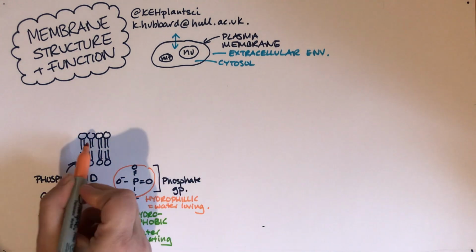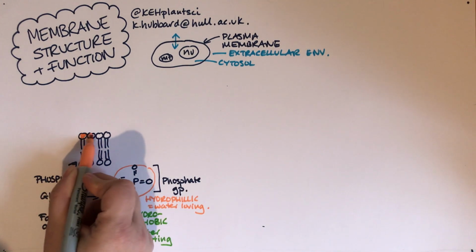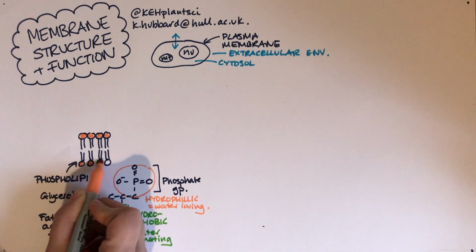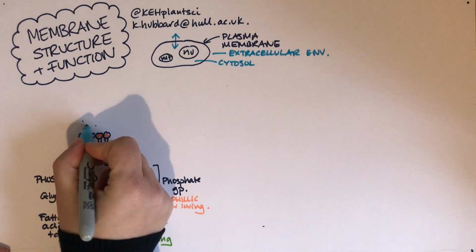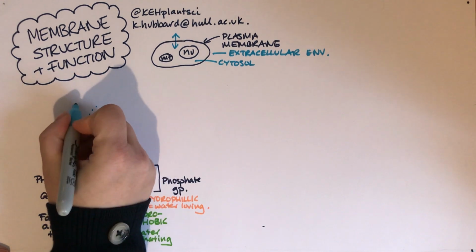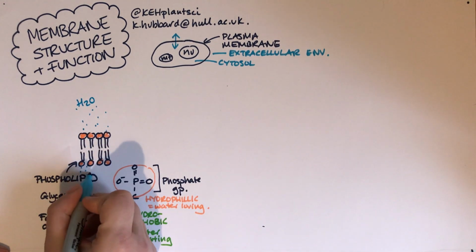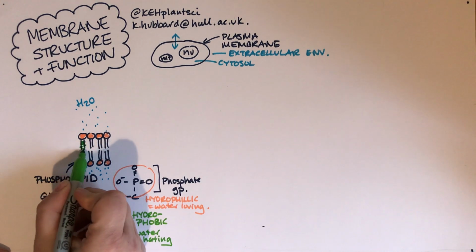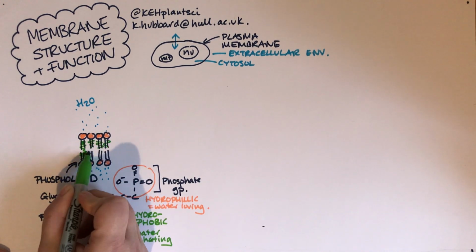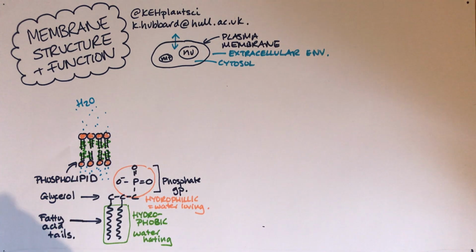So if I just colour code that on the cartoon, the phosphate group and the glycerol are on the outside of the membrane, where they are able to directly interact with water molecules that we find both on the inside and the outside of the membrane. Whereas all these fatty acid tails are in the middle of the membrane, so they're interacting with each other, and they are excluding water as much as possible.